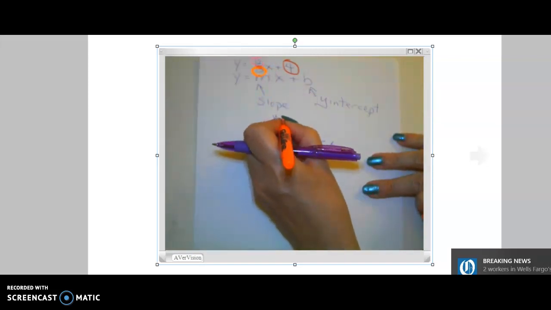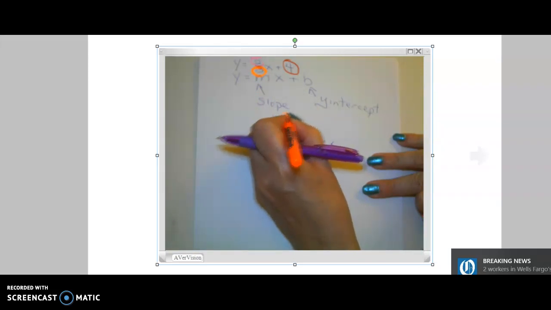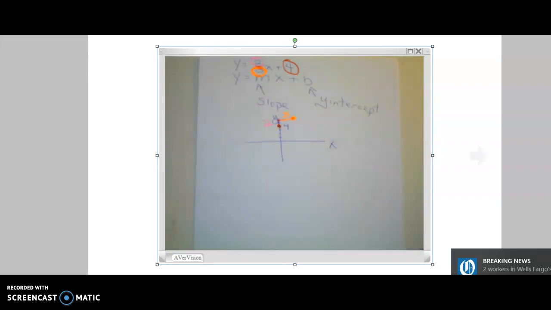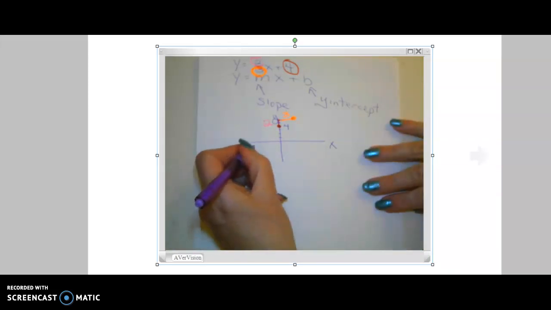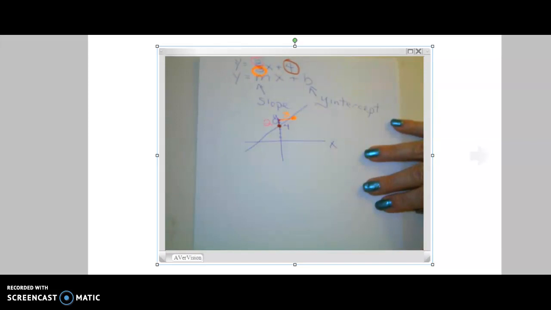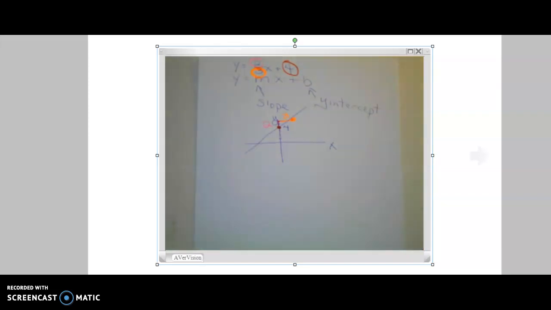So 1, 2, 3. So that's over 3. There's my next dot. Once I have 2 dots, I can connect them. That gives me my linear equation. It's a straight line. Y equals mx plus b will always be a straight line.